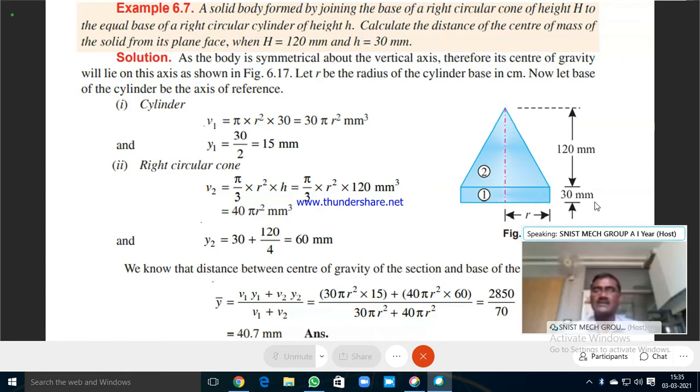The dimensions are very clearly given. Calculate the distance of the center of mass, which is nothing but the center of volume of the solid, from its plane face, from the bottom. H is given and small h is also given, right?